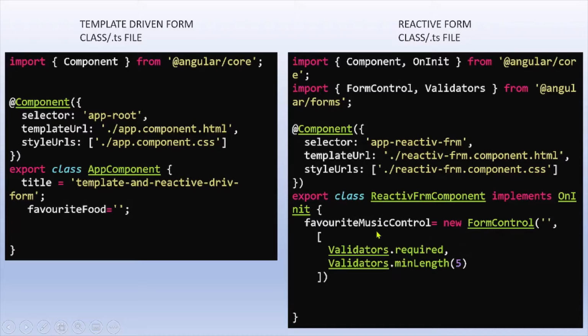We've instantiated the form control class, and we are also using the built-in validators. So we have here a built-in validator required, which specifies that this particular form field cannot be left blank. And then we have minimum length, which means that the user has to enter at least 5 characters, okay, in order for this field to be valid.